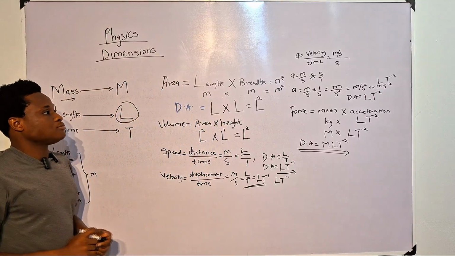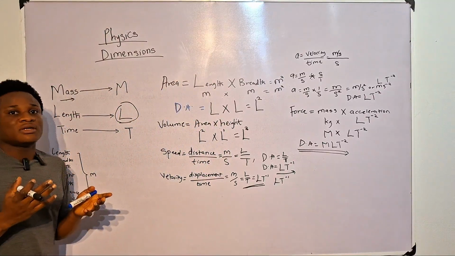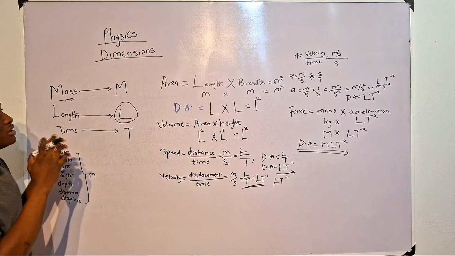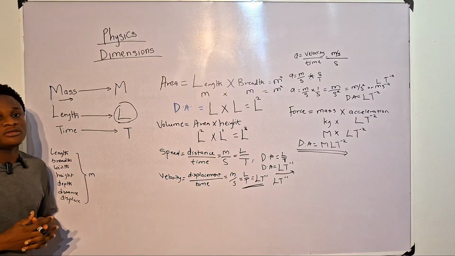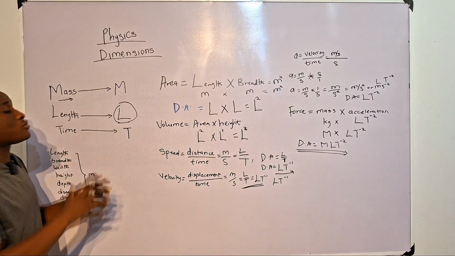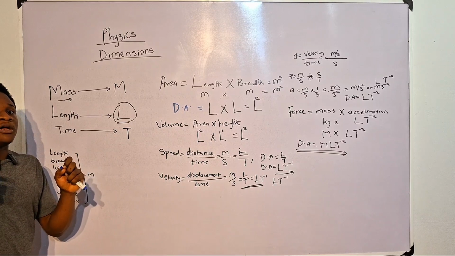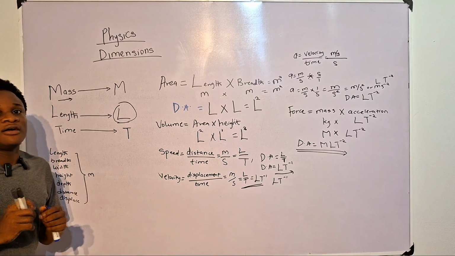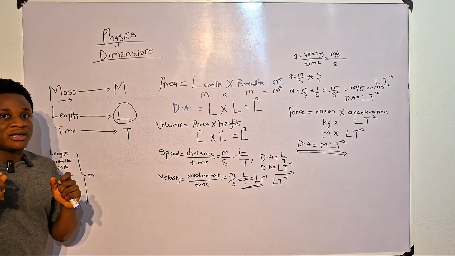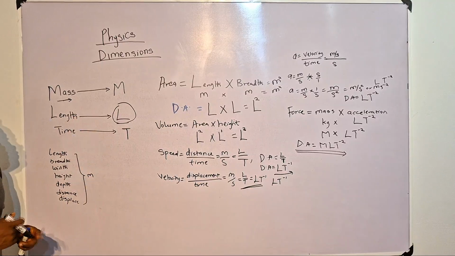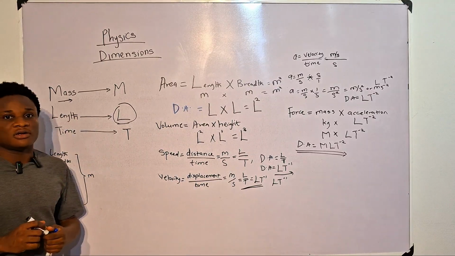So now, the secret to getting the dimensions of any physical quantity is knowing the formula. Knowing the formula helps you get their SI unit. And once you have gotten the SI unit, then you can get the dimensional analysis.